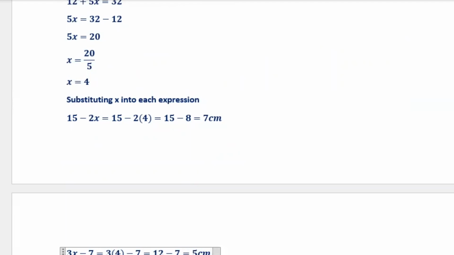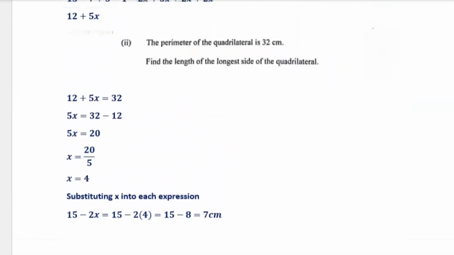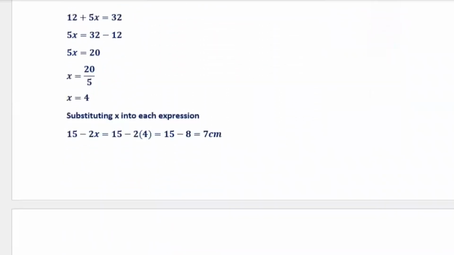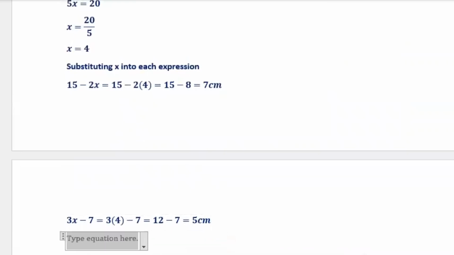Now the next expression was, let's go back, 2x plus 5. So again, substituting, it is 2 multiplied by 4 plus 5. So 2 times 4 is 8, so it is 8 plus 5, and that will give us 13 centimeters.